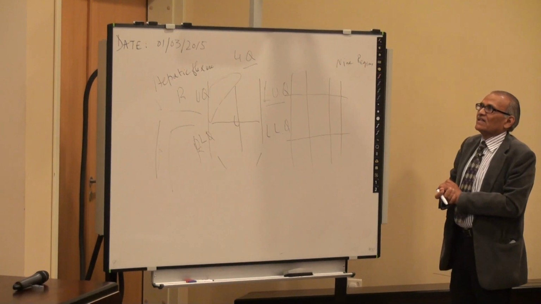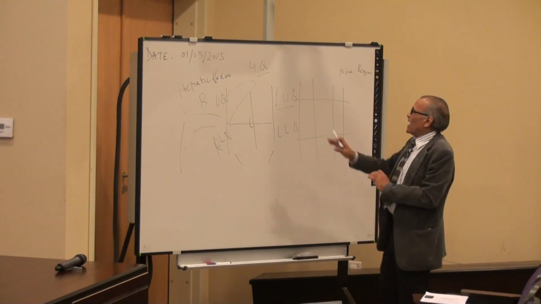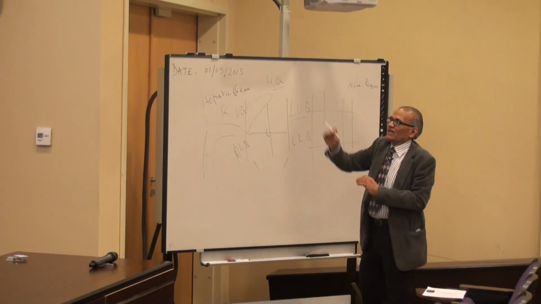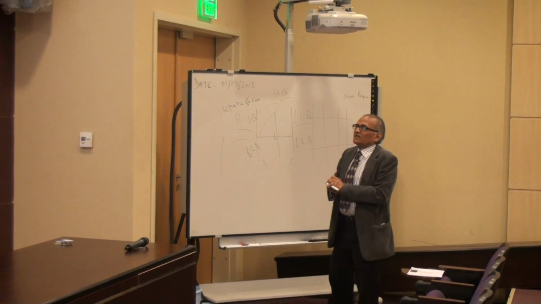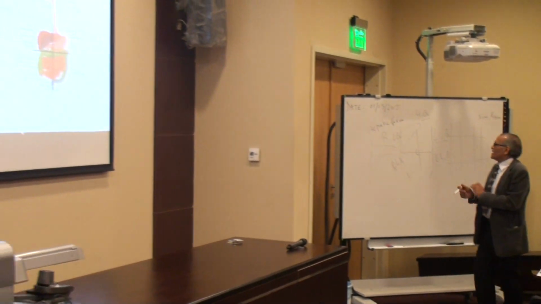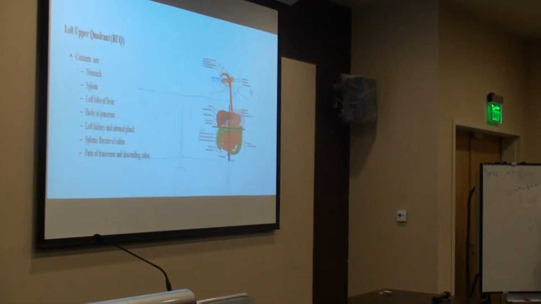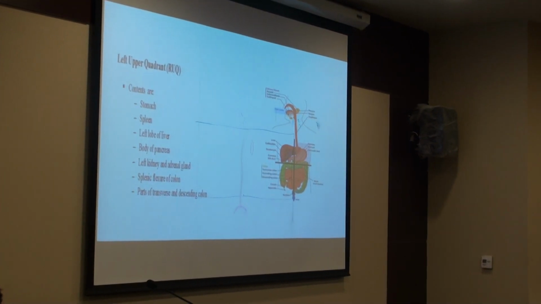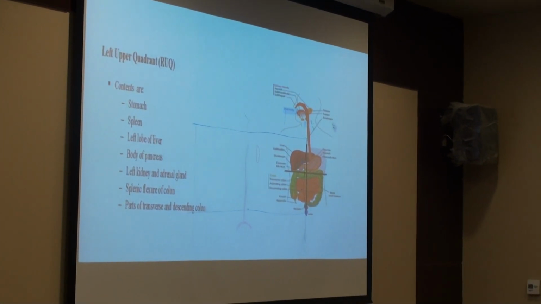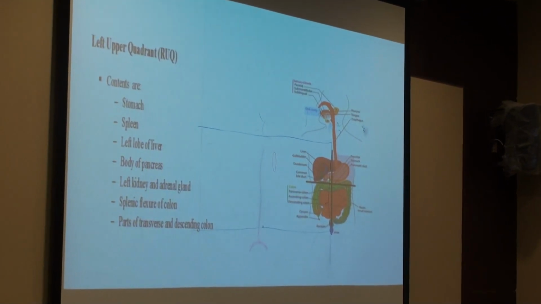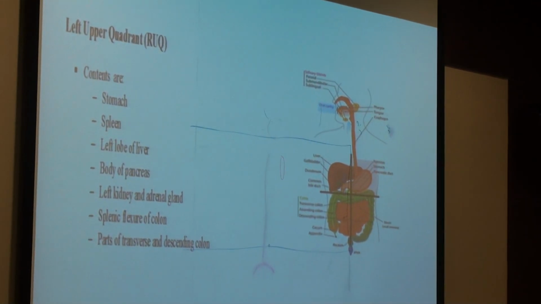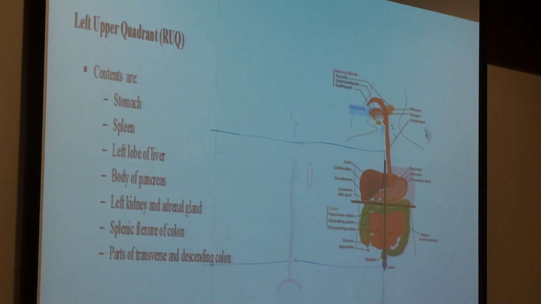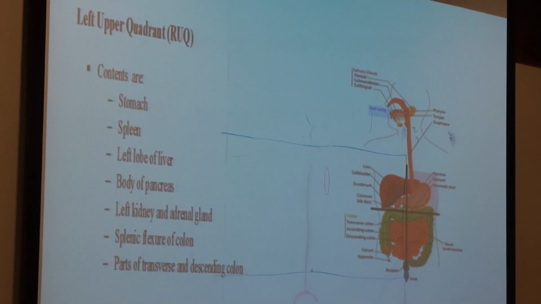Next slide please. Then we have the left upper quadrant, and if you look at the slide, the stomach is the main component over here, a major portion of the stomach, and it extends to the right upper quadrant also. Then other organs: the spleen, the left lobe of the liver also extends to this region, and the left kidney and adrenal glands.